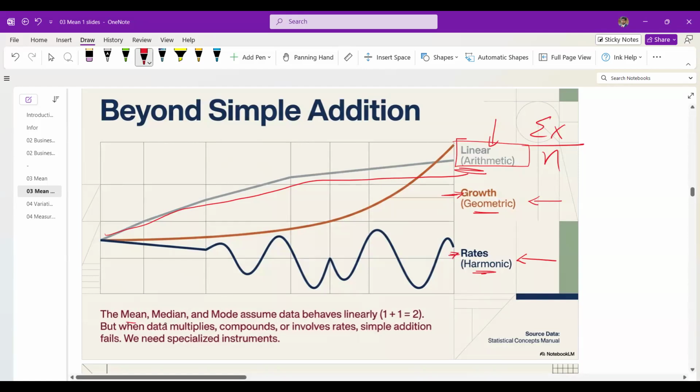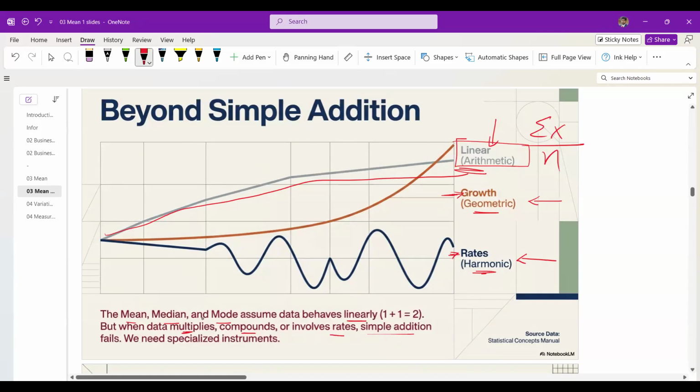The mean, median, and mode assume data behaves linearly. Linear means there is some arithmetic progression. But when the data multiplies, compounds, or involves rates, simple addition fails.